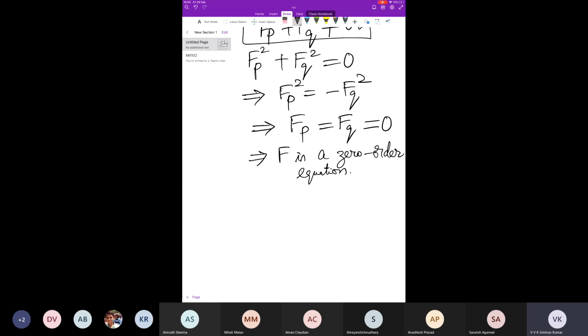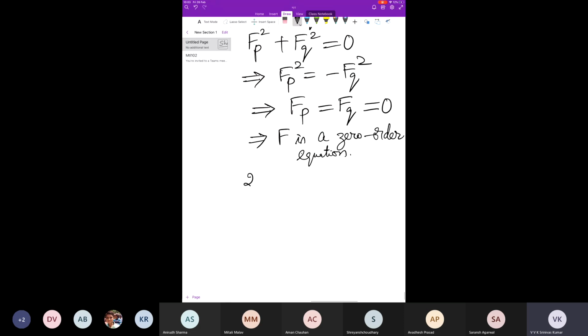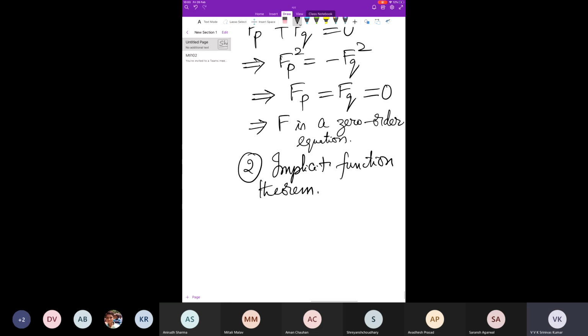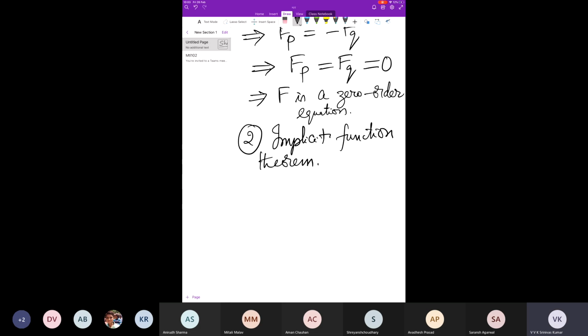Next, we should know something about the implicit function theorem. Under what condition can we write this?